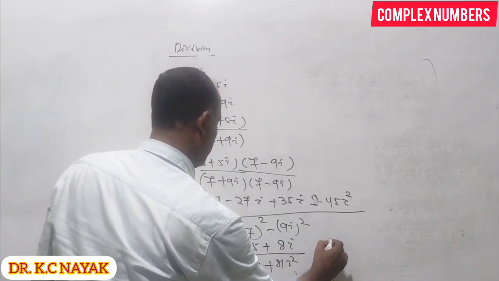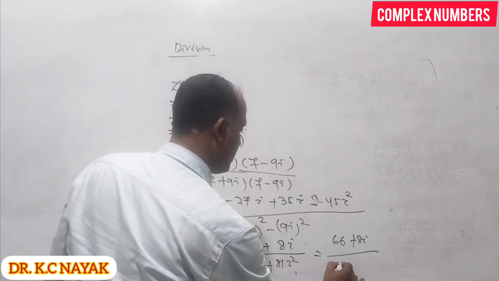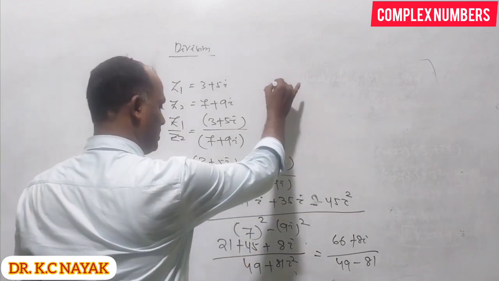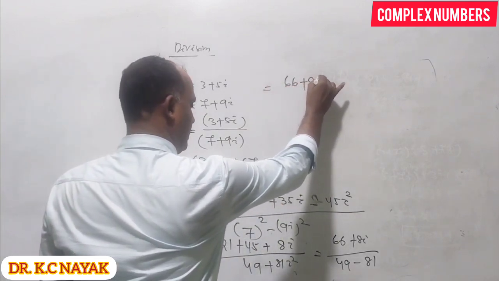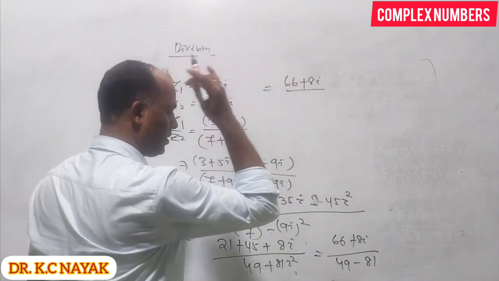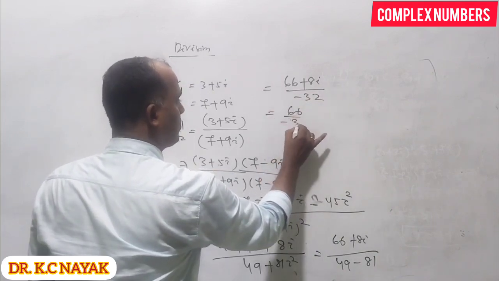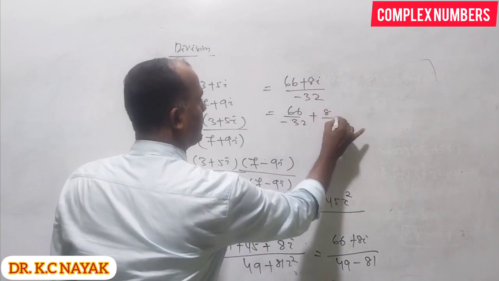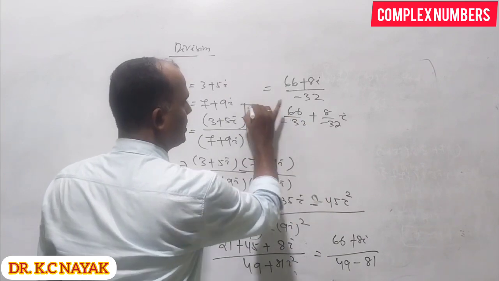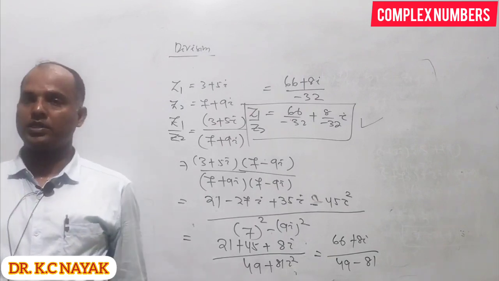This is 66 plus 8i divided by 49 minus 81, which is equal to 66 plus 8i by minus 32. What is that? 66 by minus 32, again plus 8 by minus 32 i. That means z1 by z2 is this. So division of two complex numbers is also a complex number.